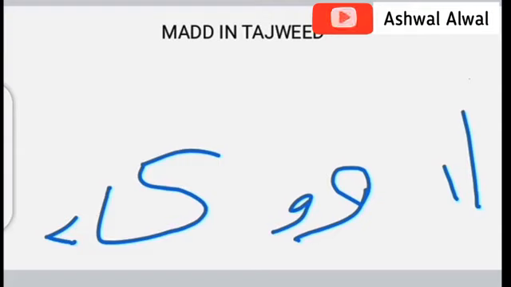So you can see alif is written the same way. Wow is also written the same way. Whilst ya is the only one that has a difference. The big form of ya is just as it is, but the smaller form of ya is the one written as, is it greater than or less than? Whichever it is.